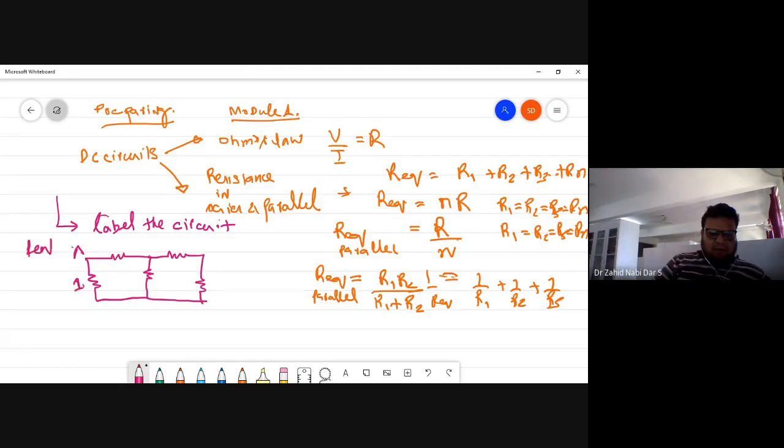So I give this 1 ohm, 1 ohm, 1 ohm. This was a simple circuit.